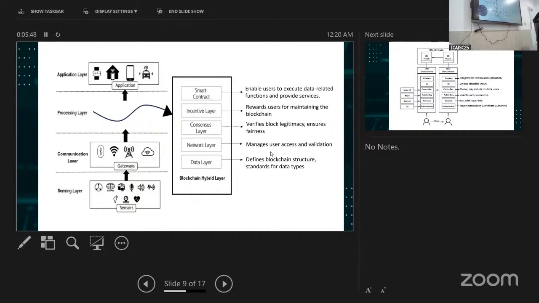And the last one, where the user will be able to execute the data and request the service. After that, we go to the upper layer, which is the application layer, to perform the service that the user would like to do.